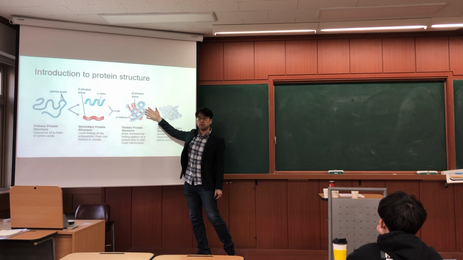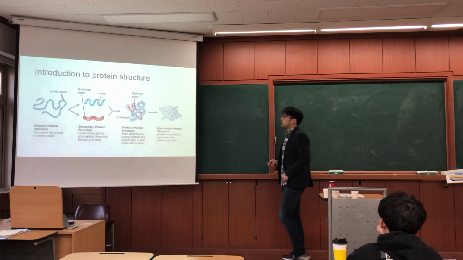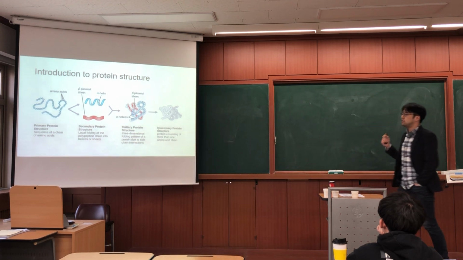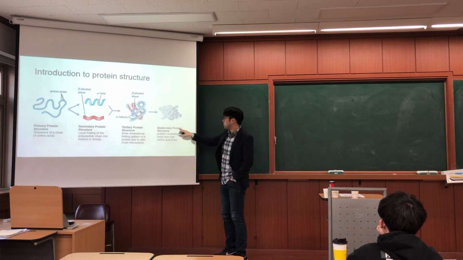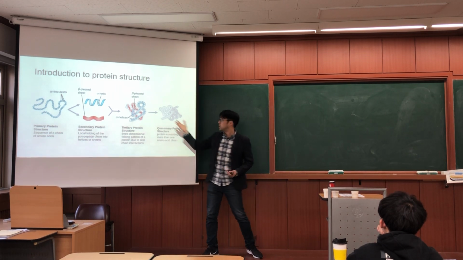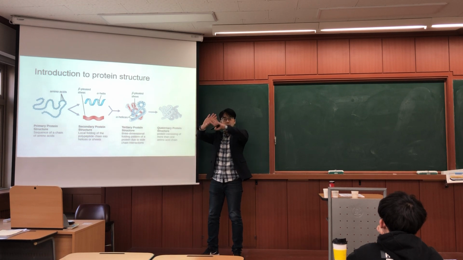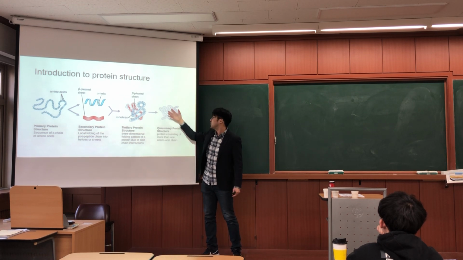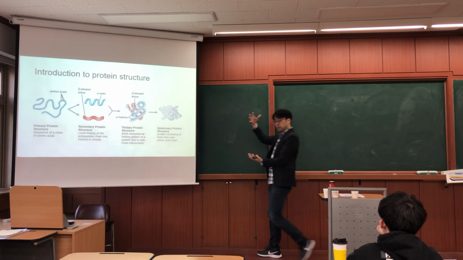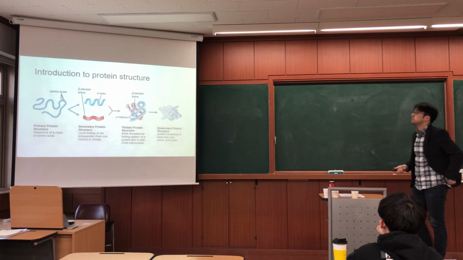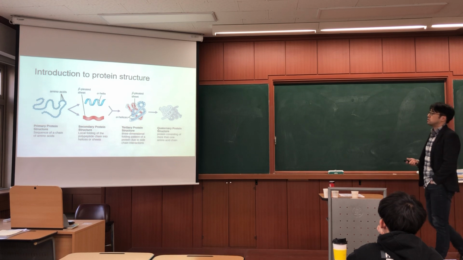The tertiary structure is exactly what we generally call the 3D structure of a protein. The quaternary protein structure means that proteins can form dimers and trimers, which means that two different proteins are attached together, or three proteins can be attached together to form a much larger architecture.